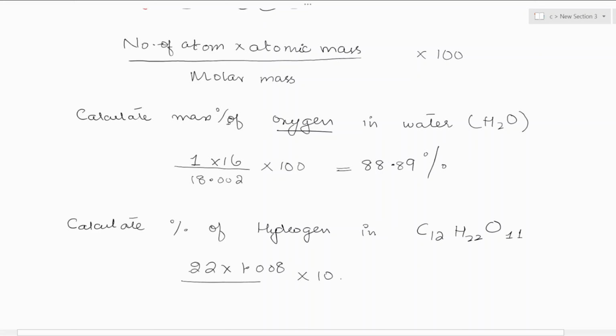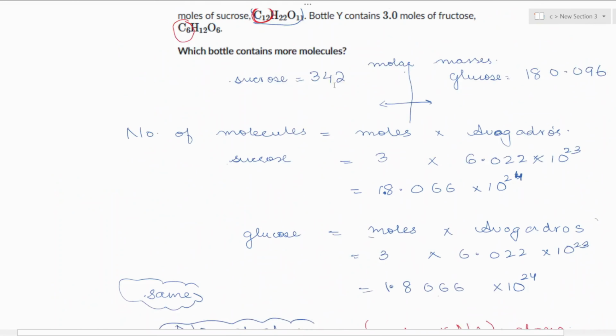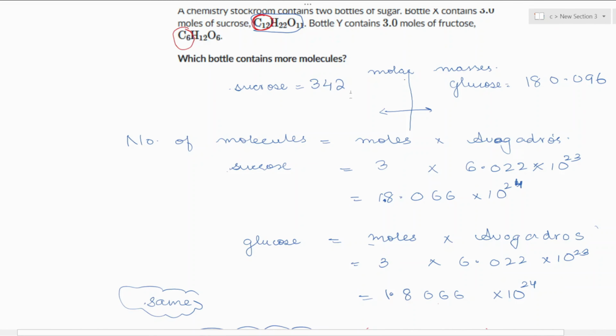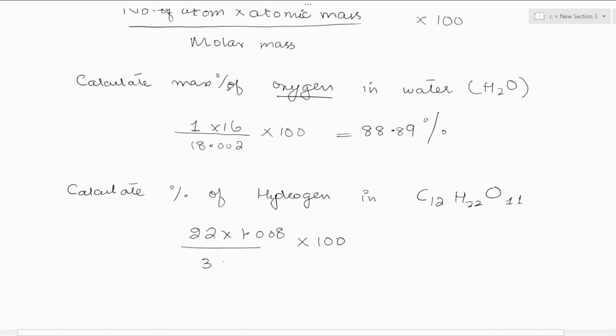What is their molar mass? That you need to calculate, though I have calculated it earlier. I've written it over here. If you want help, it's written over here. 342. Okay, just divide it. 6.48%. Okay, you got it.